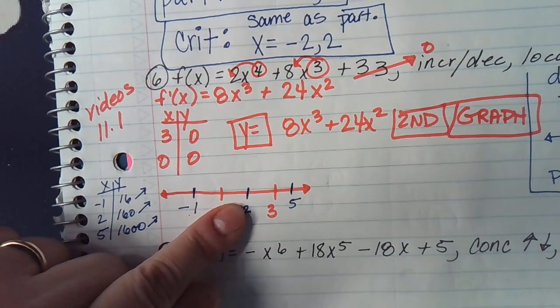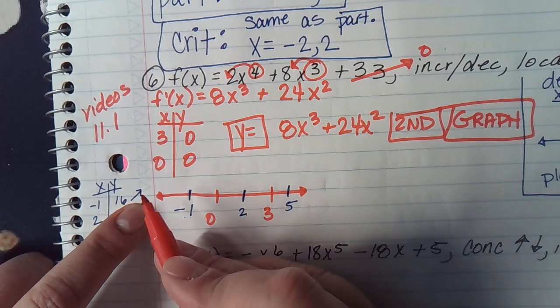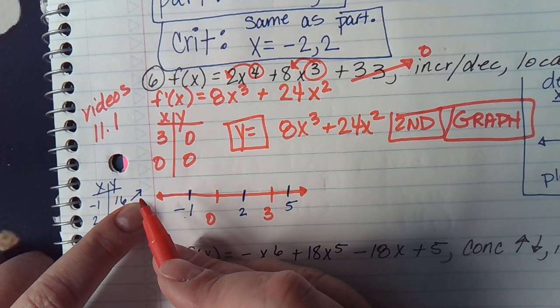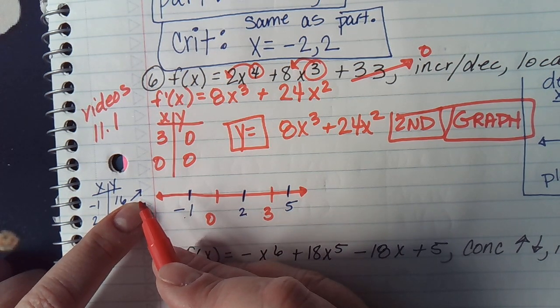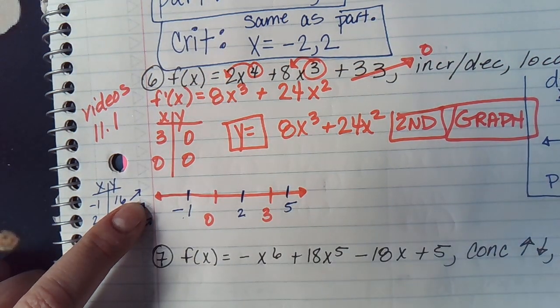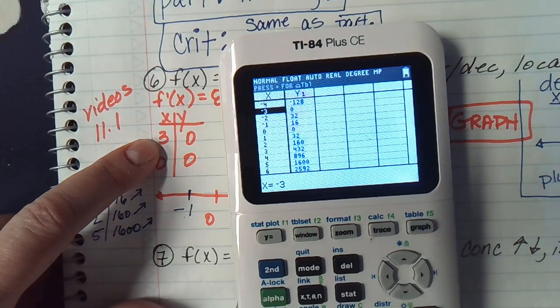So let's go to my picture, my number line. For -1, oh, -3, idiot.